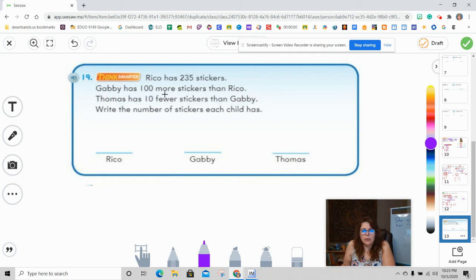Gabby has 100 more stickers than Rico. See how they are related, these two sentences? So that means I'm going to do them together. Thomas has 10 fewer than Gabby. So we're going to do Gabby and Thomas together once we figure out what Gabby has. Then it says write the number of stickers for each child.